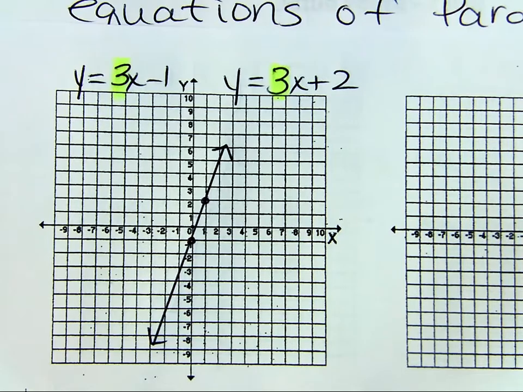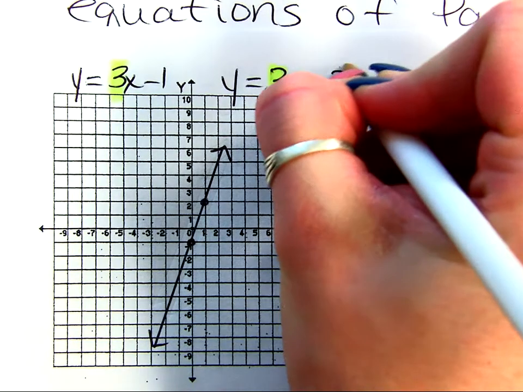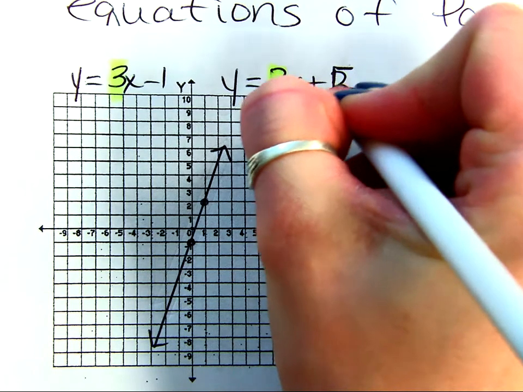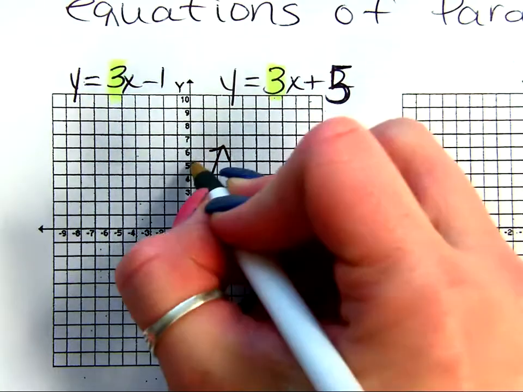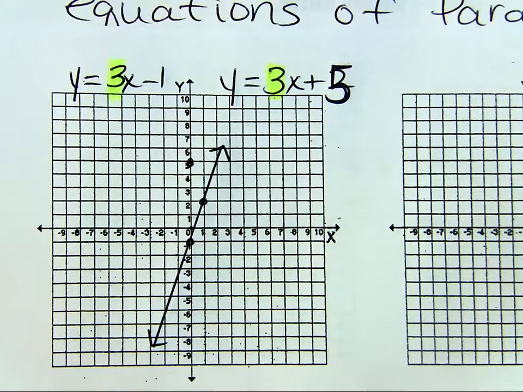Then we do y equals, let's make this 5 just to make it easier to see, y equals 3x plus 5. So I go up to plus 5, and from there I still go up 3 over 1, the same thing I did here.